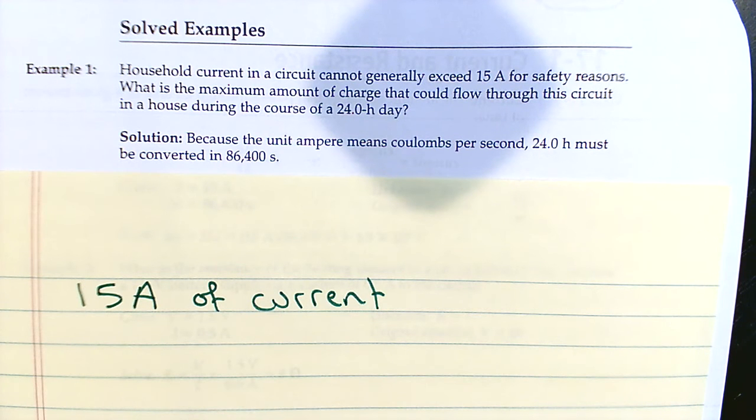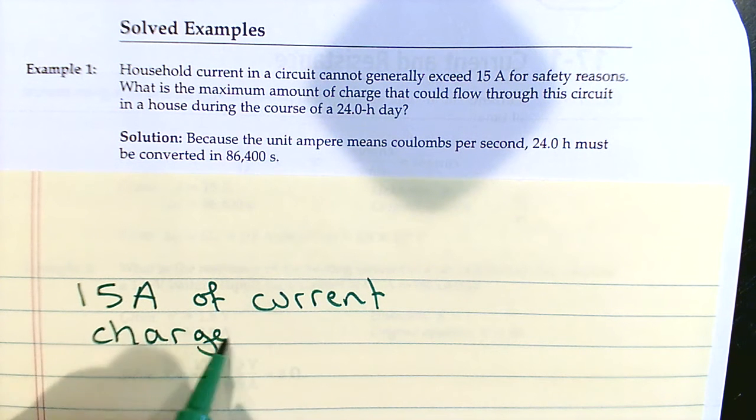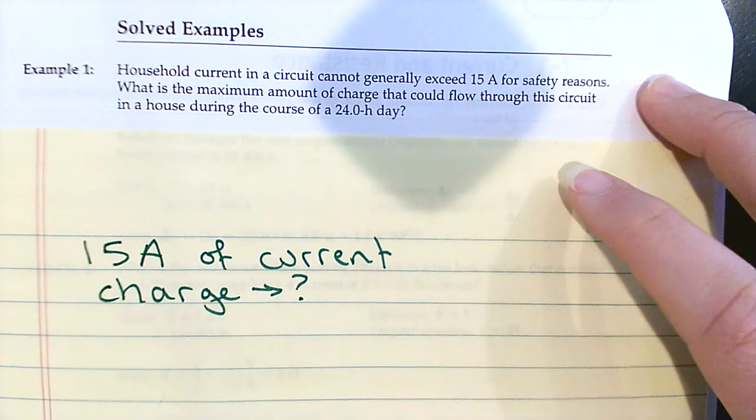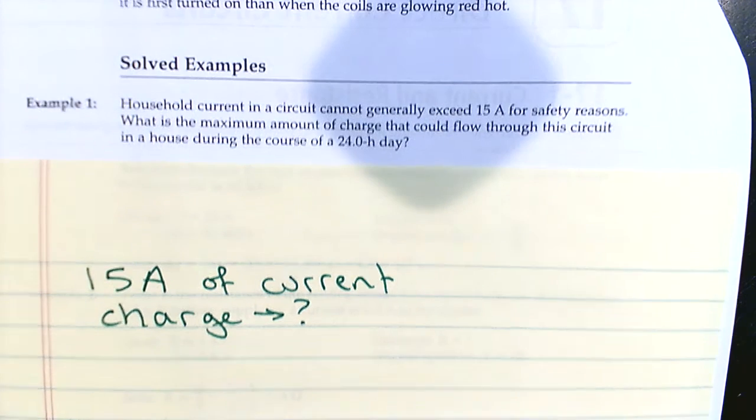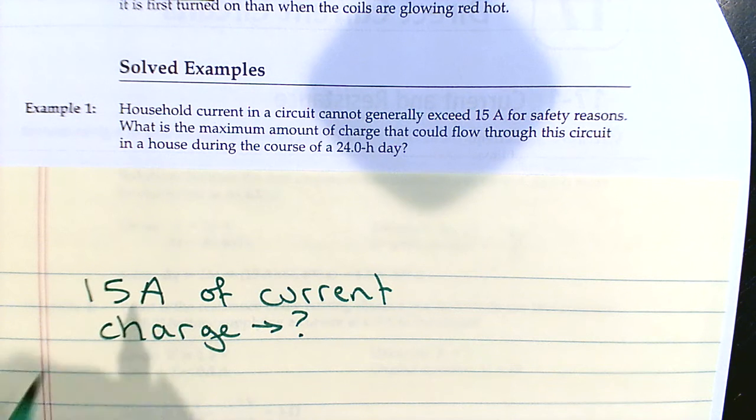Okay, what is the maximum amount of charge that could flow through this circuit? So charge is our question mark. That's what we're trying to find, right? And it says, what is the maximum amount of charge that could flow through this circuit in a 24-hour day?